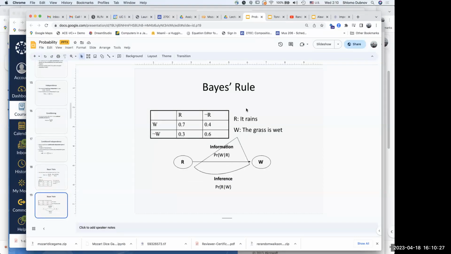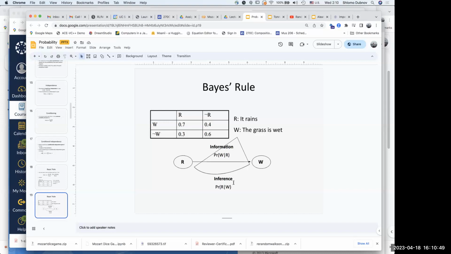You can represent this information as some kind of dependency graph. And if rain causes the grass to be wet, this is kind of the causal relation, and you can go back and do the inference of what is the probability of rain given that you observe the grass.